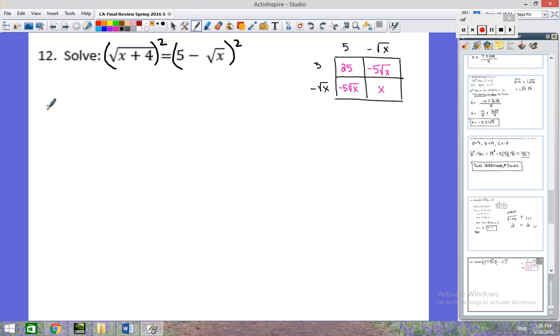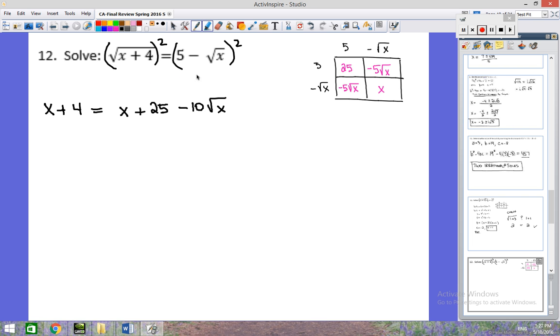On the left-hand side, when we square that radical, the radical goes away and we just have x plus 4. On the right-hand side, when we add up the entries in this table, we have an x there. We're adding 25. And these two, this diagonal, those are like terms. We have negative 5 of these things and another negative 5 of those things for negative 10 radical x.